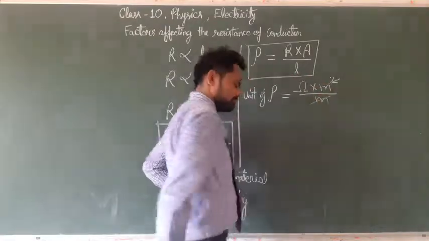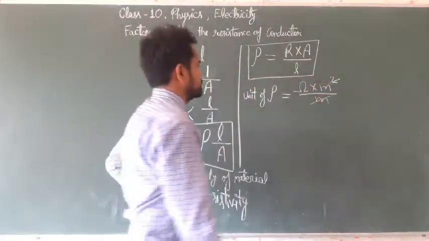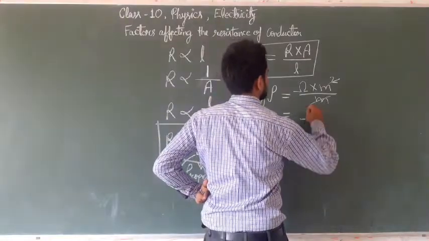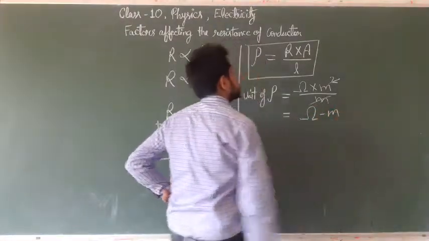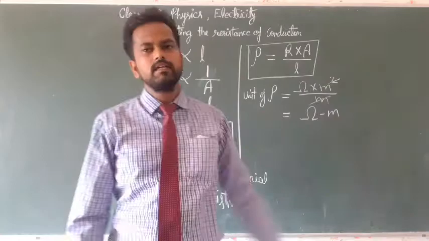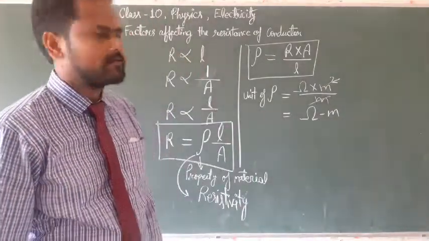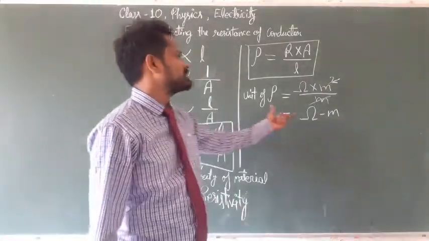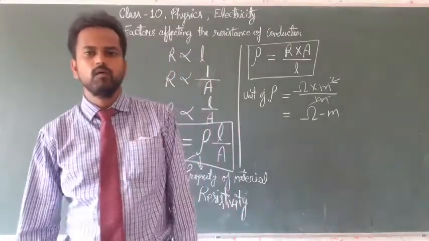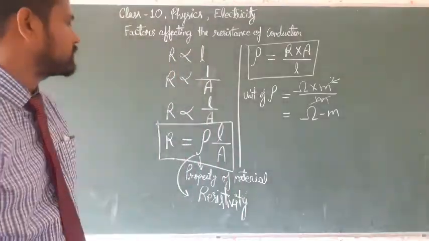Meter and meter will be cancelled out. Then the unit of resistivity is ohm meter. Got it?